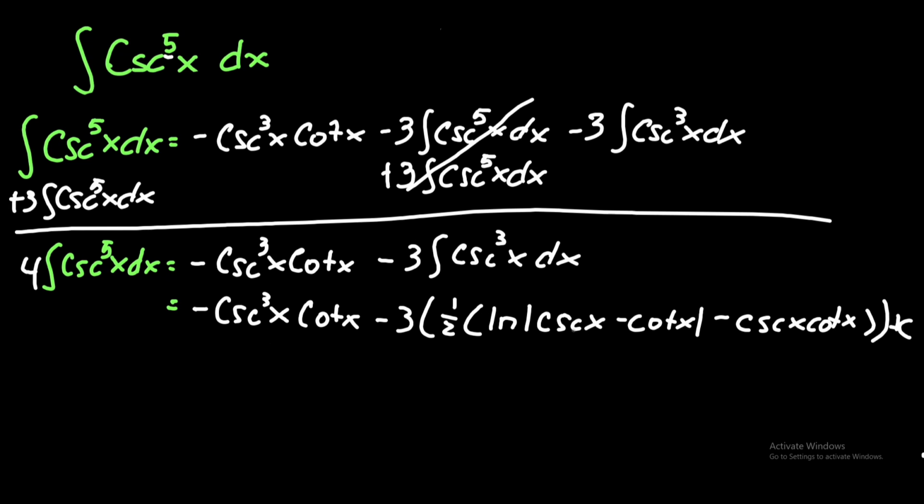And so 3 multiplied by 1/2, this would become 3/2.